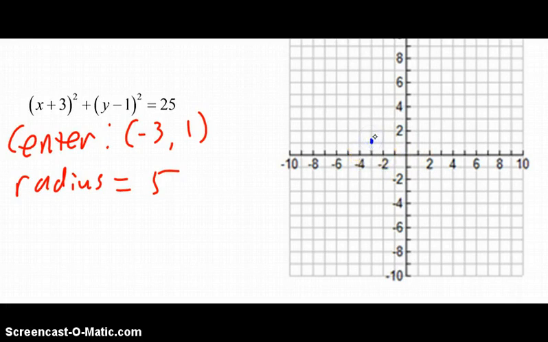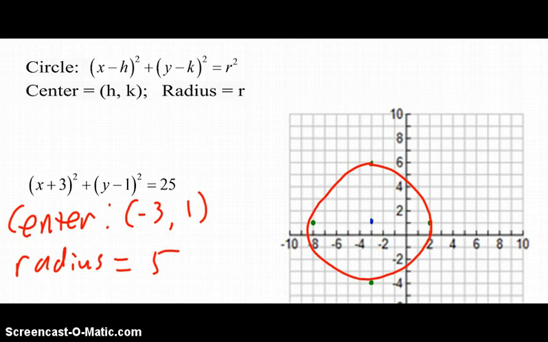I would put a dot. That's the center. And then from there I'm going to go up 5, to the right 5, down 5, and to the left 5. And now if I connect those points, boom, a perfect circle.